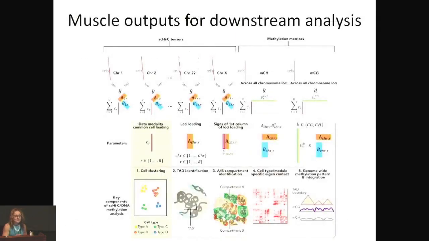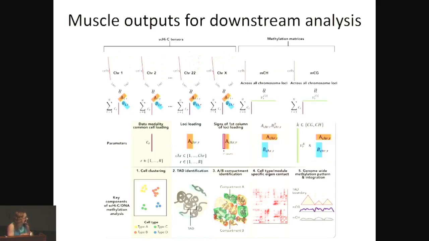Okay, so before I show you some results, there are probably a gazillion different ways one can attack this problem, but one nice thing about this formulation is that all of the parameters that fall out of it correspond to very natural downstream analyses that you would want to carry out with scHiC data.